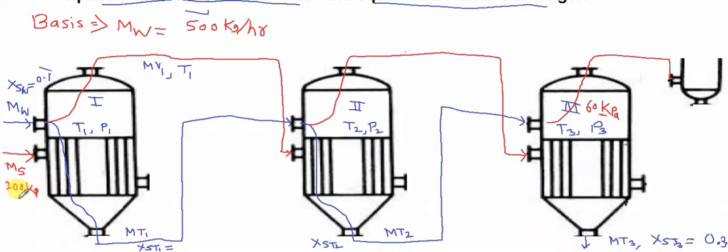Please note that this pressure is gauge, while the pressure in the third effect evaporator is absolute.